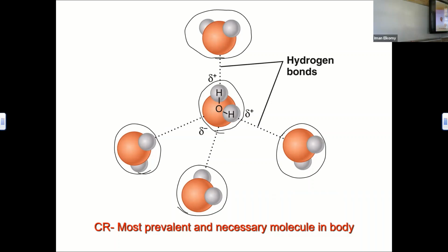Now, what's going to happen is I have a negative end here, right? I have a negative side to that oxygen. And at the same time, the water molecule on the hydrogen end has a positive side here and here, right? So that negativity is going to attract the positivity of those other molecules. Make sense? No? Okay. We'll talk about it more.